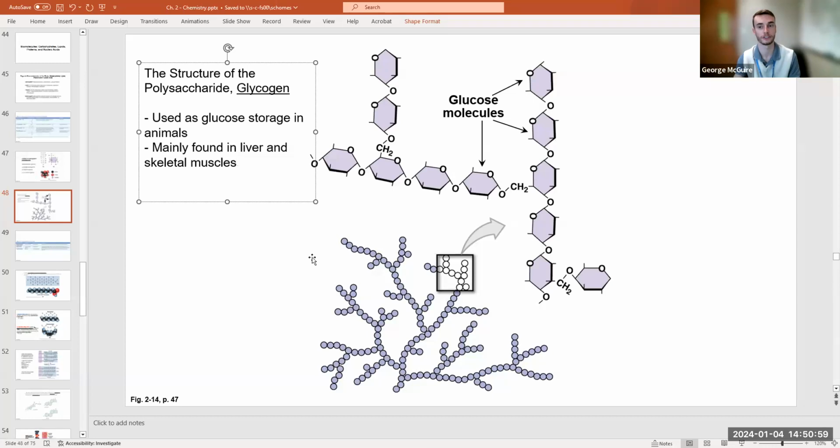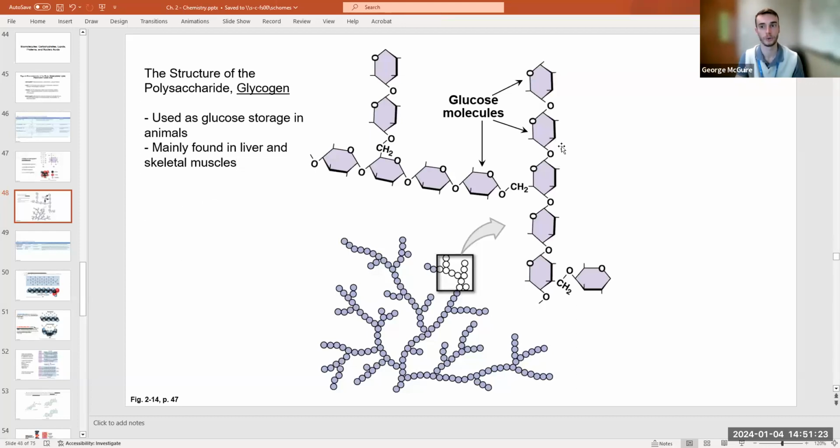And thus, we are storing glucose for when we need it, mainly in the liver, as well as in high concentrations in our skeletal muscles. So the liver is taking in food, since carbohydrates go to the liver first after you digest them. And then the parts of our body that need that energy most, so the skeletal muscles.